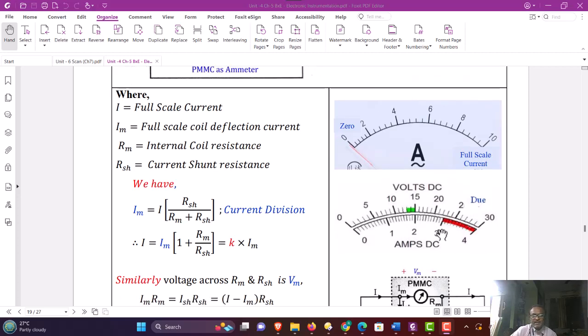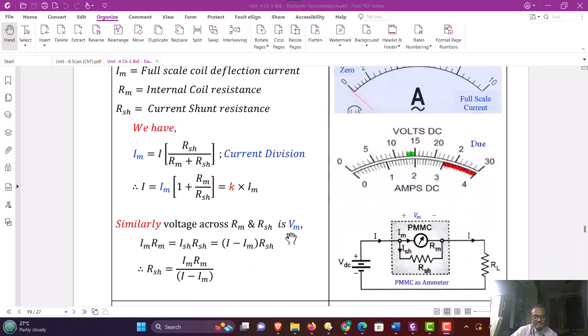A typical dial for voltmeter is also shown here. The second dial indicates the dual type of instrument which is capable of measuring voltage as well as current. So two scales are provided. The meter should be appropriately connected either in series or in shunt to be used as voltmeter or ammeter.